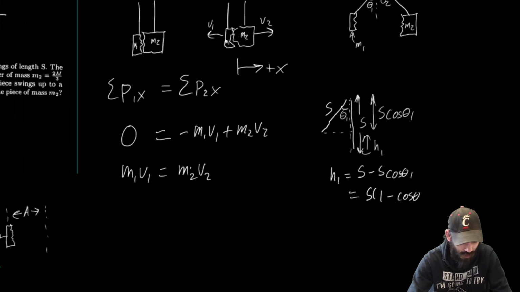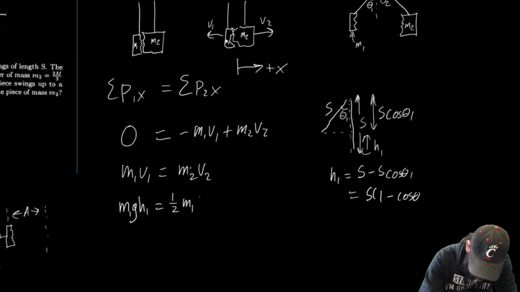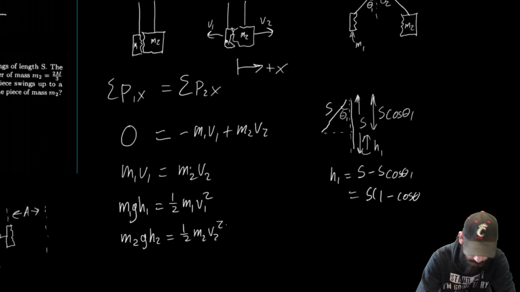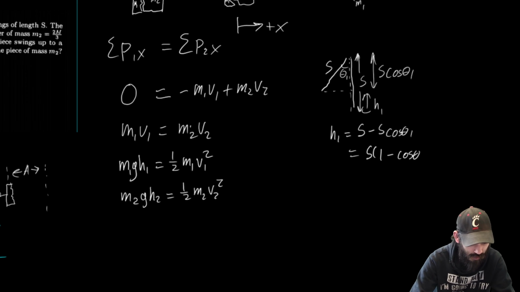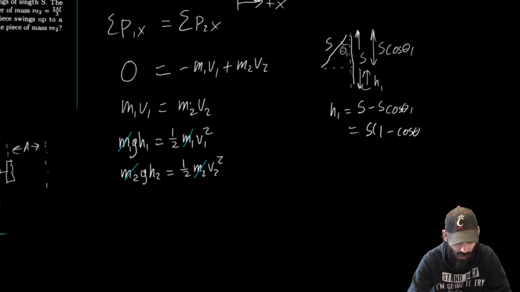Okay, so we have some energy conservation equations, where m1 g h1 is equal to 1/2 m1 v1 squared. Same thing with m2: m2 g h2 is equal to 1/2 m2 v2 squared. We can see that we're going to be canceling our m1s and m2s.